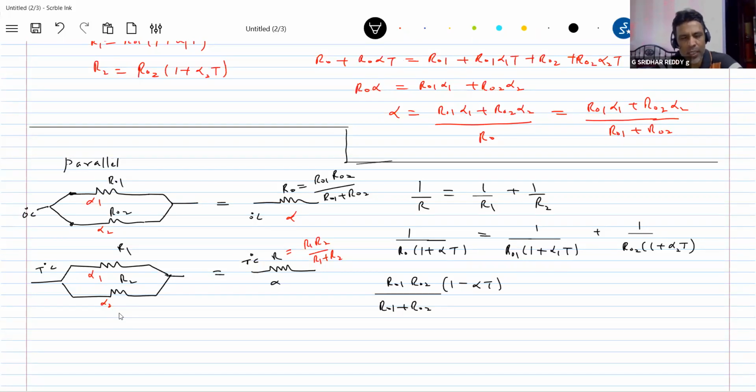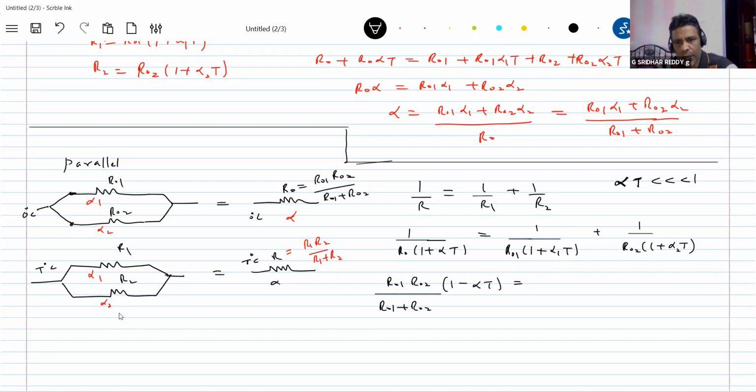I'll send it to the numerator. Then after expanding, neglecting higher order terms, the product of alpha and t will be very much less than 1.